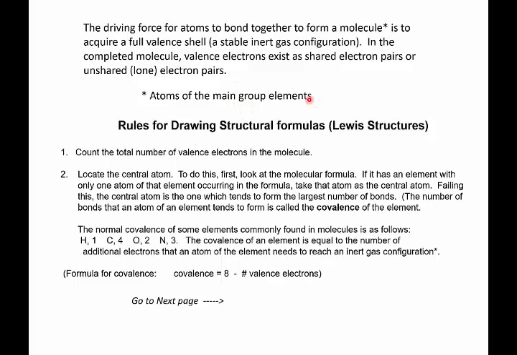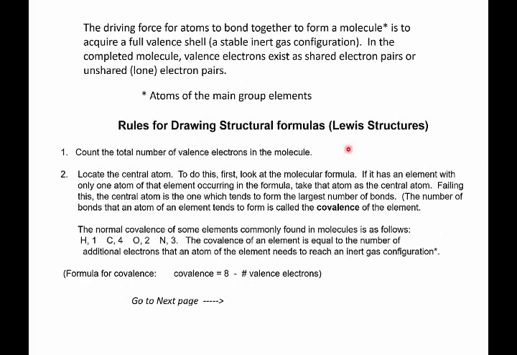Now in general chemistry, you learn a set of steps that, if you follow them, will let you draw a structural formula for a molecule. It's also called the Lewis structure. Let me go over the rules briefly.